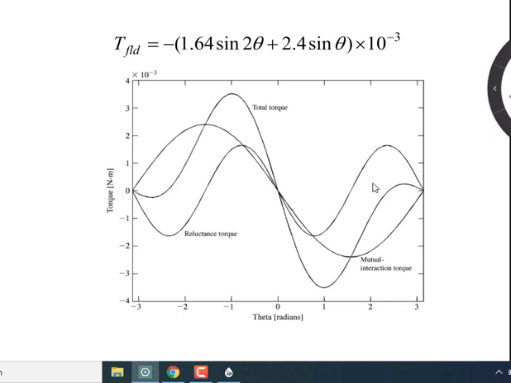Let me write the expression of torque first. So torque is how much? It is I1 square dL1 by d theta.